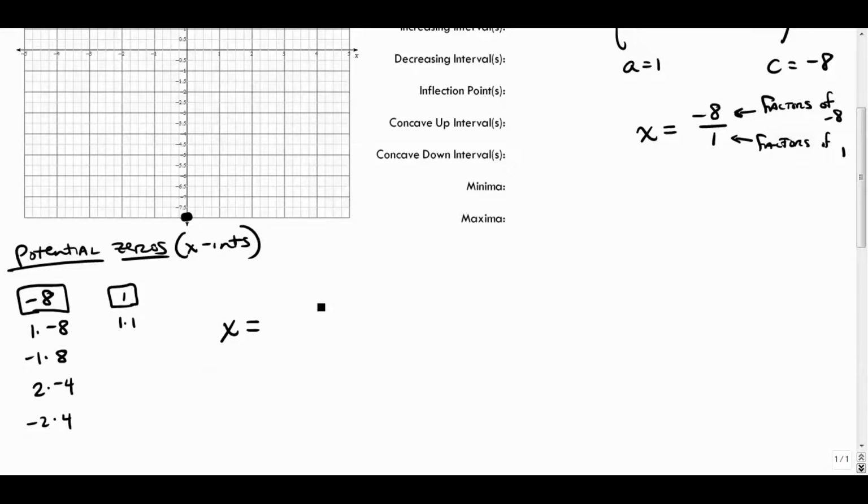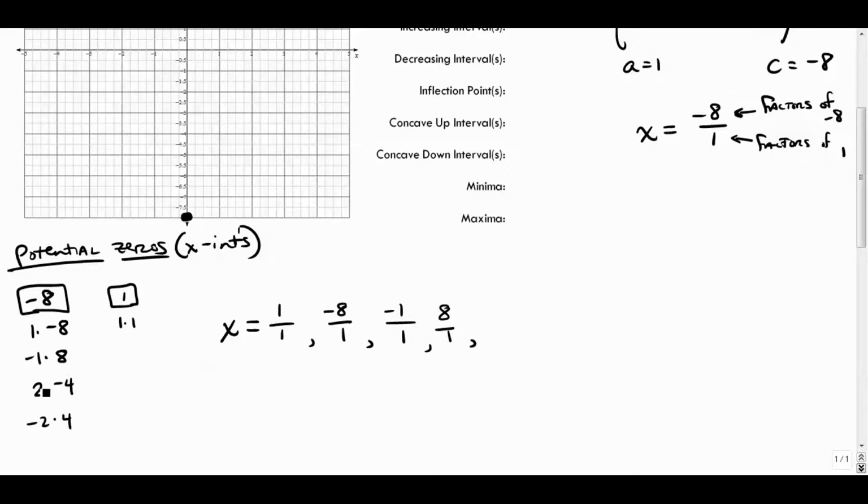So my potential zeros, or my x-intercepts, are, I'm going to take 1 from this list, C over A, so 1 over 1, negative 8 over 1, negative 1 over 1, 8 over 1.